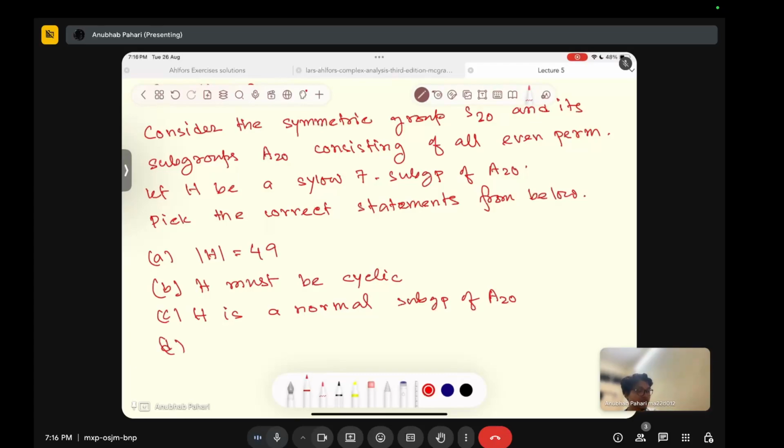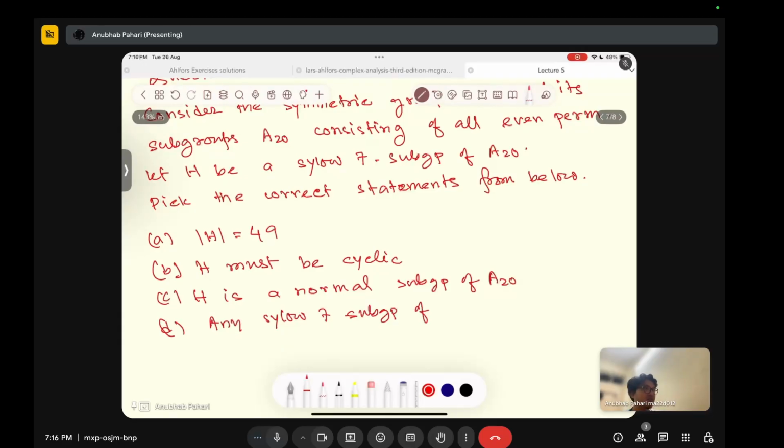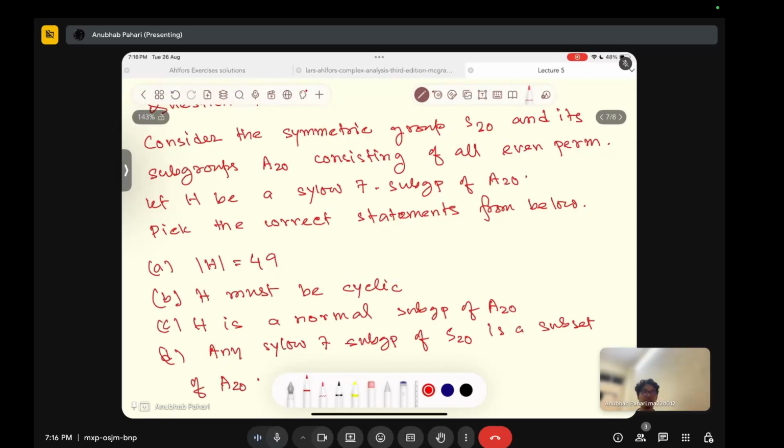And D: any Sylow 7-subgroup of S20 is a subset of A20. The whole question is visible.